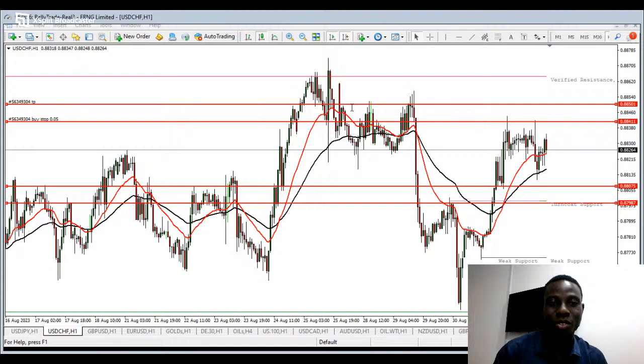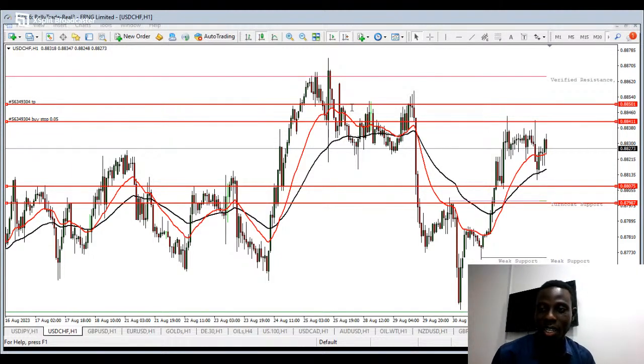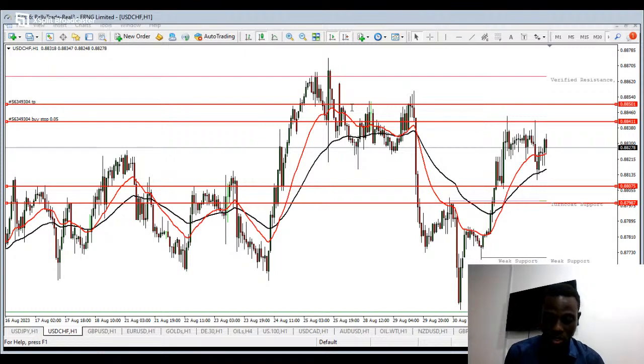Don't forget, my sell stop at 0.88075 and my take profit at 0.87987. All right, ensure to set all these things before the market moves.